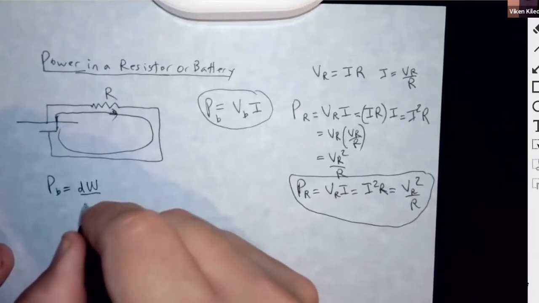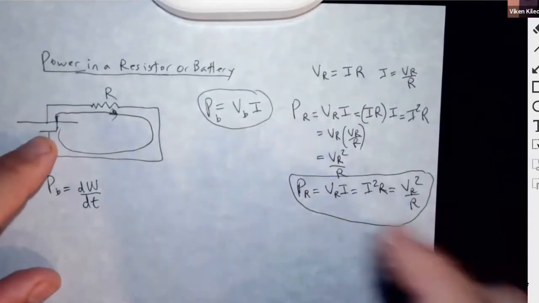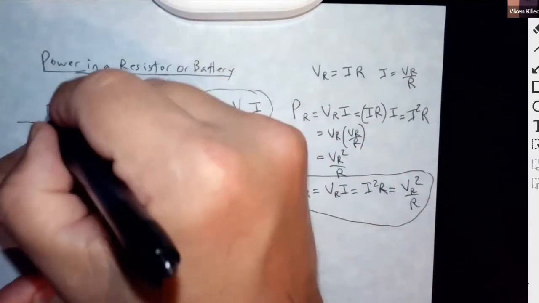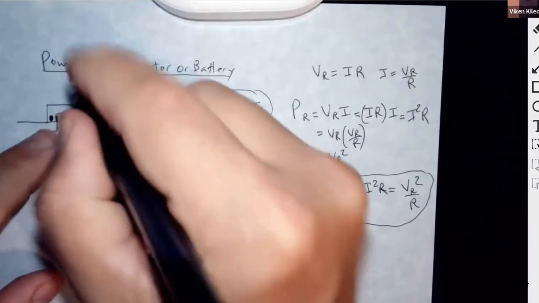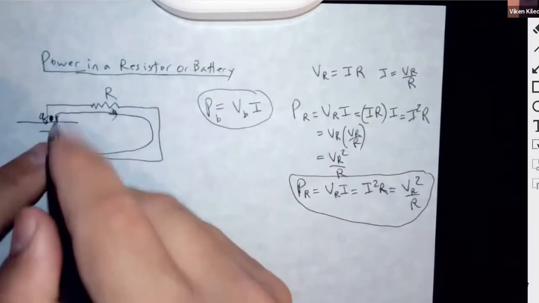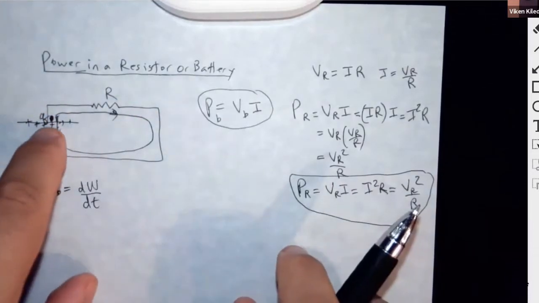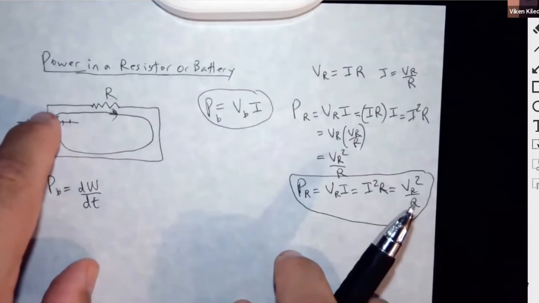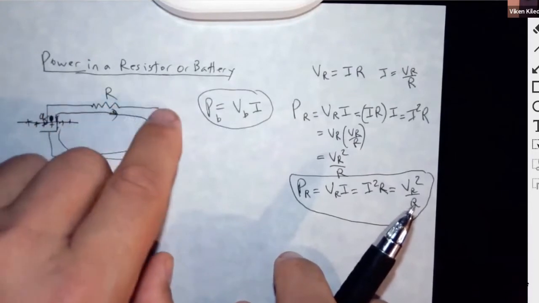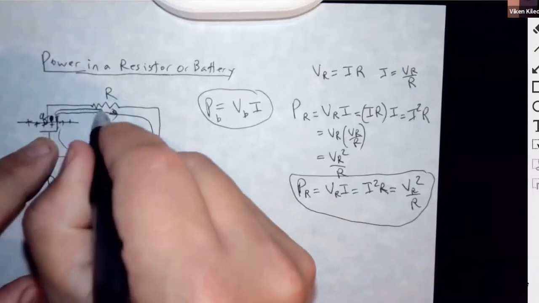Remember what I told you: the natural thing for a positive charge is to go from a higher potential to a lower potential. So it goes like this.